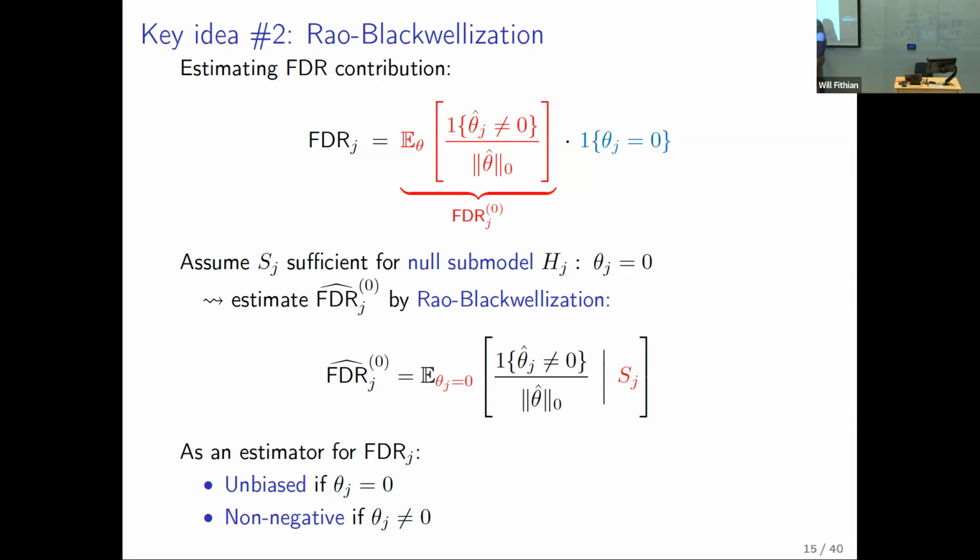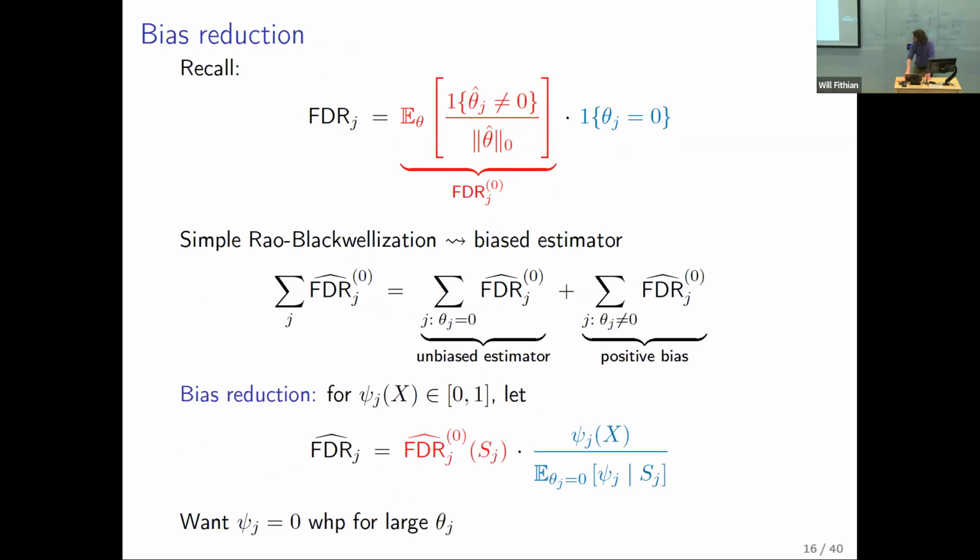But once I know the correlations of all the other variables, maybe I know there's going to be about 50 selections. And so then what this expectation becomes is roughly the null probability of the variable being selected in this particular context, determined by all the other variables' correlation, divided by the number of rejections. So that's roughly what this is going to be.